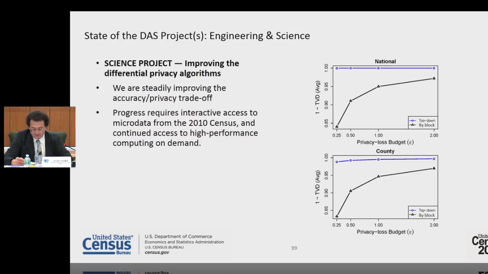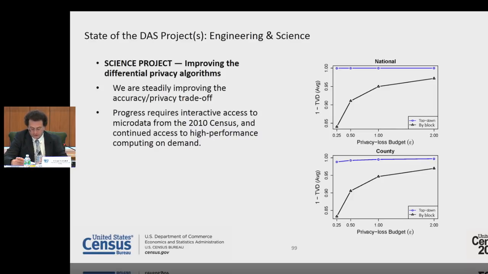The second half of building the DAS is to improve the differential privacy algorithms that we are using. This allows the published data to have more accuracy for the same privacy loss budget. The good news is that we are now using algorithms that are significantly more accurate than the algorithms that we started with last year.